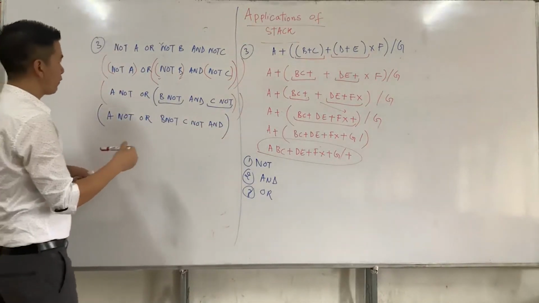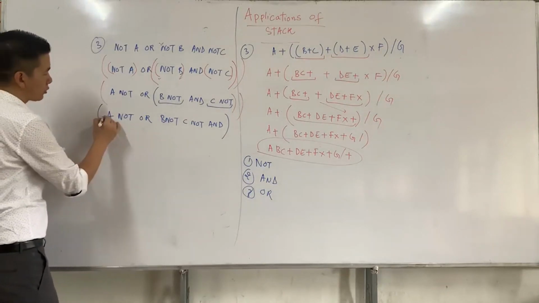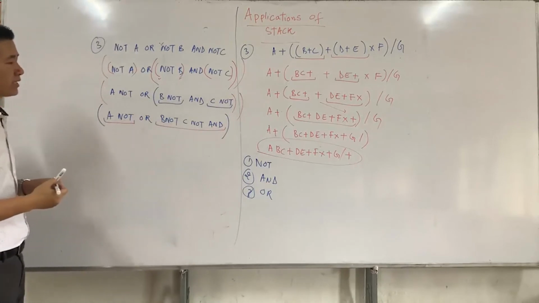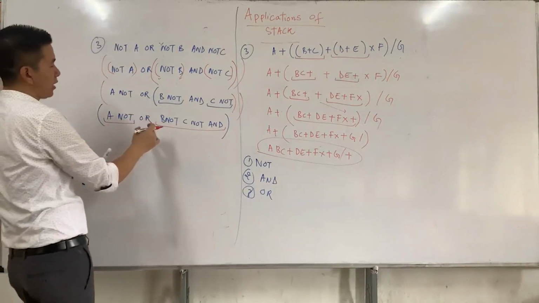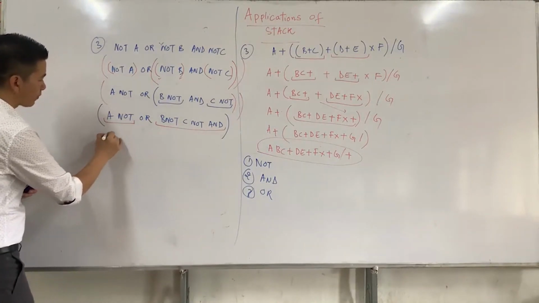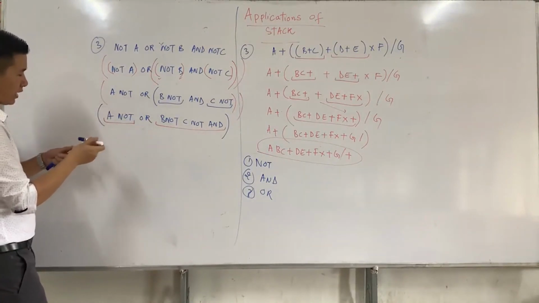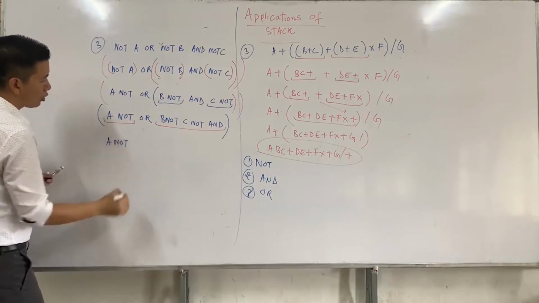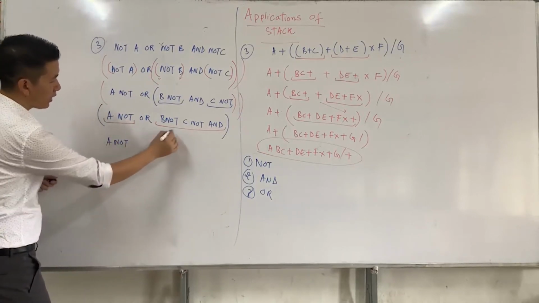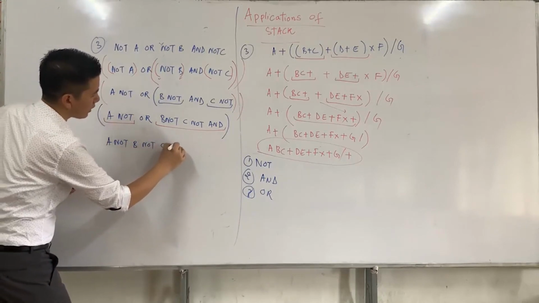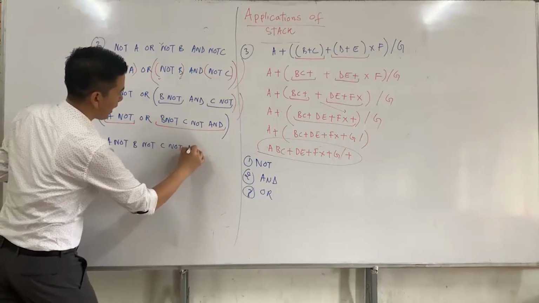So it's a good idea to mark this, otherwise you may get confused. This is the first element, and this as a whole is the second element. And then finally, when I OR the first operand with the second operand, again it's going to be the same format. Just copy A not, and then copy the whole thing, B not, C not, and.